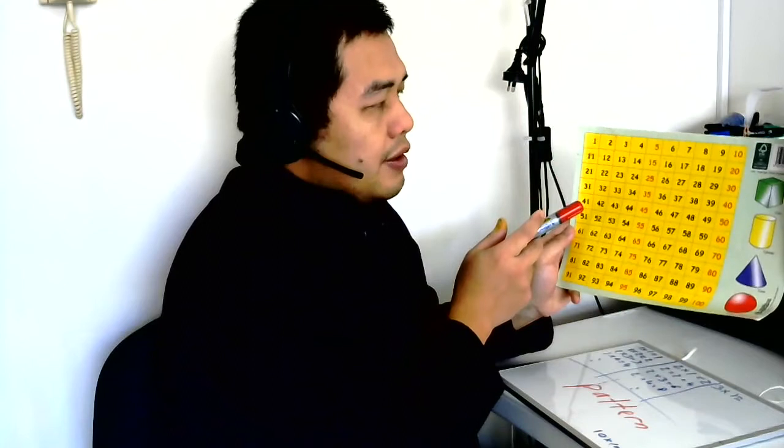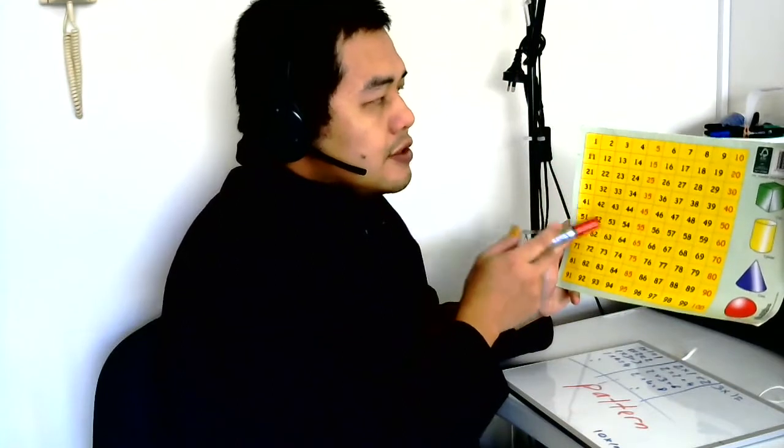For example, this one is the multiple of 5. So you see, this is 5, and then 10, and then 15, 20, and then 25, and then 30, 35, 40. So the goal of this is that they start to see the patterns, what happened with the multiple of 5.